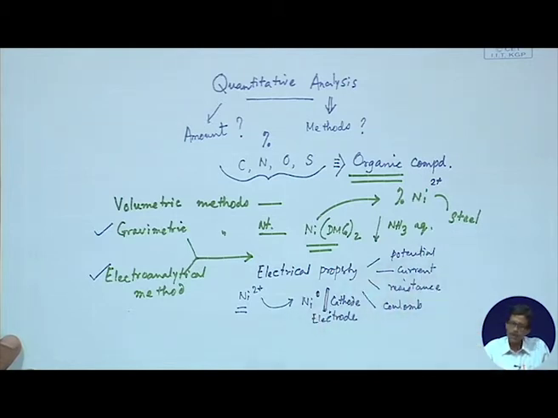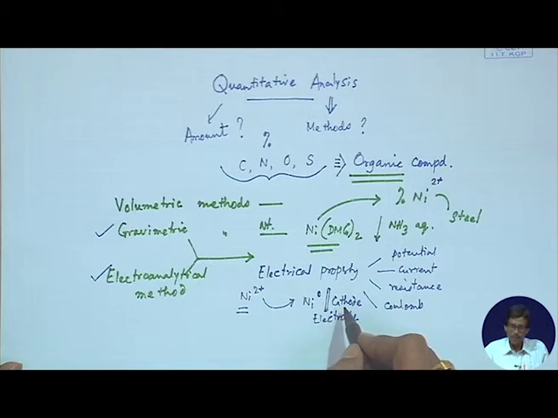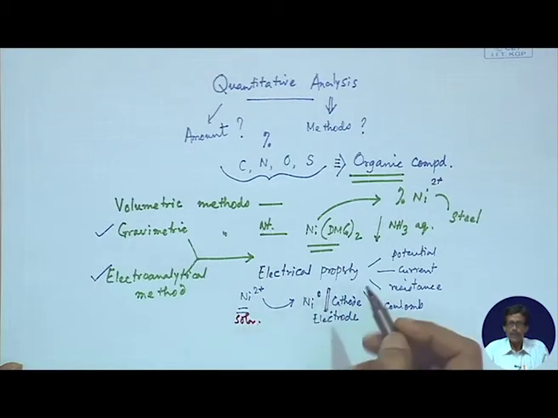But ultimately, if we focus our attention on the reduction of nickel 2 plus to nickel 0, what we see is that this nickel 0 is deposited, that means the cathode is gaining weight. So, before deposition and after deposition, there will be a change in the weight of this cathode material. If we get the corresponding weight difference during this electrolysis process, where nickel 0 is forming from Ni2 plus from the solution, it is there in our solution and then on the surface.